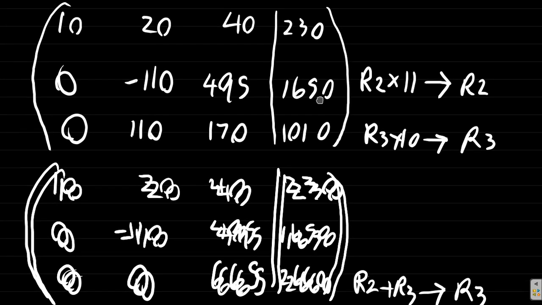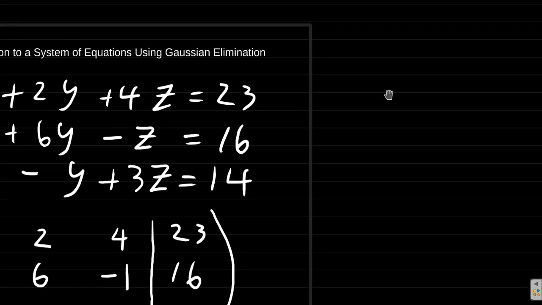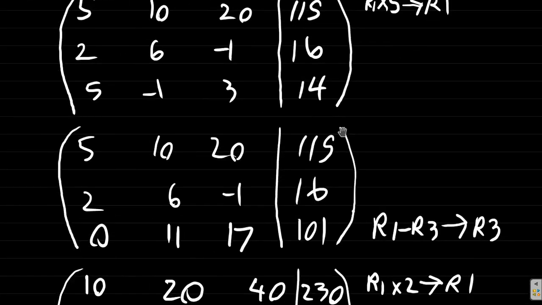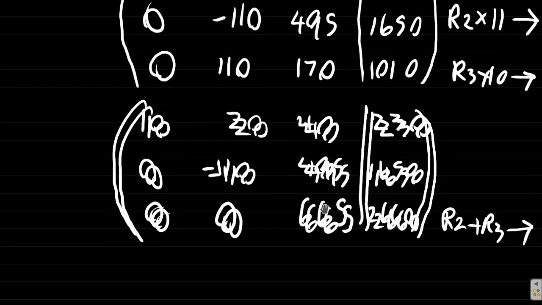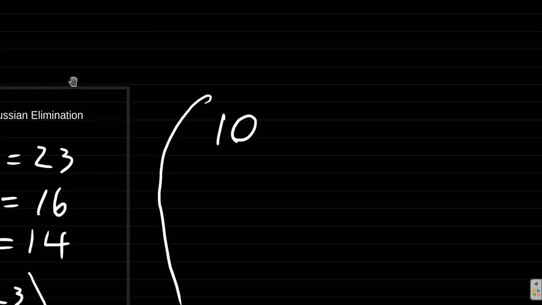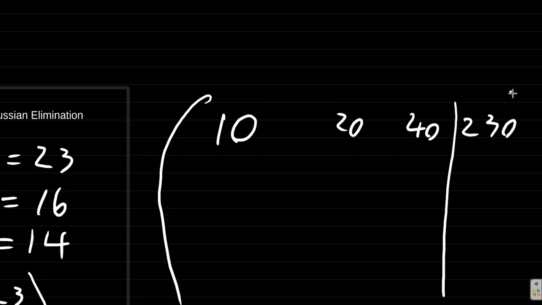10, 20, 40, 230. Instead of trying to copy it, giving me a hard time. So what we have is 10 what again? 10, 20, 40, 230.